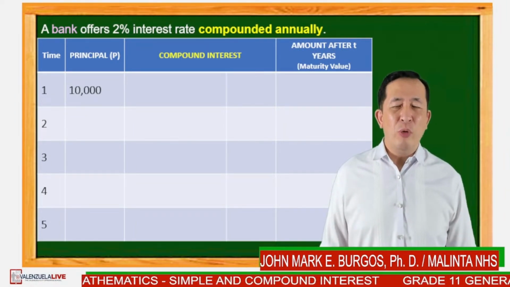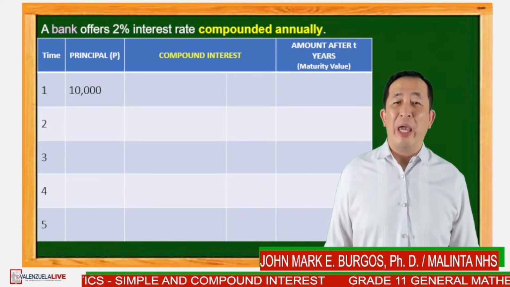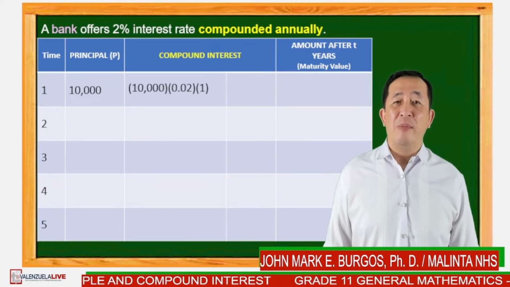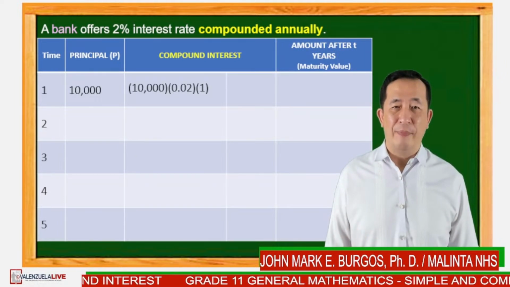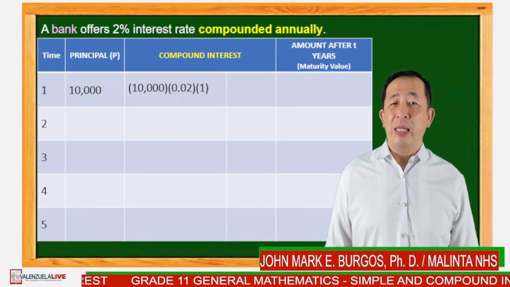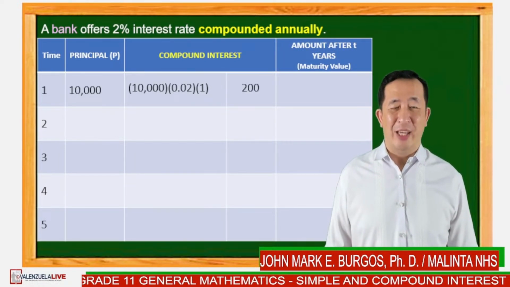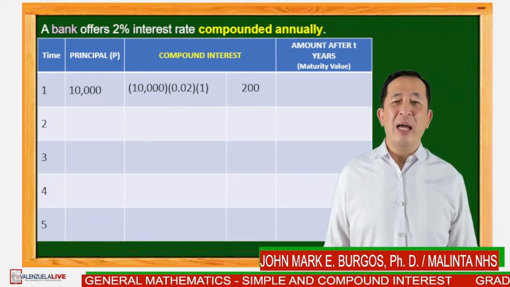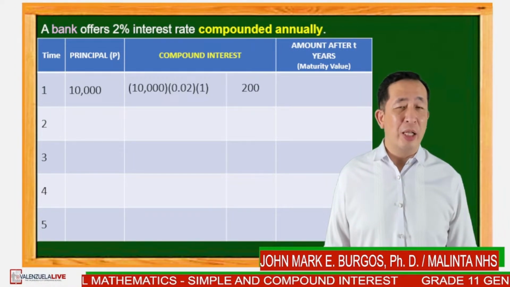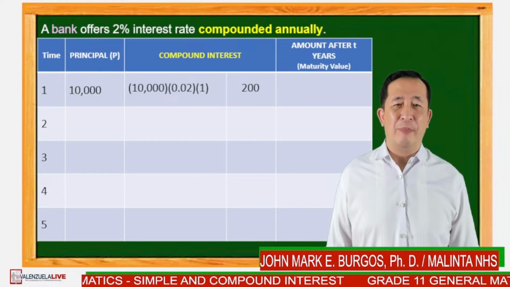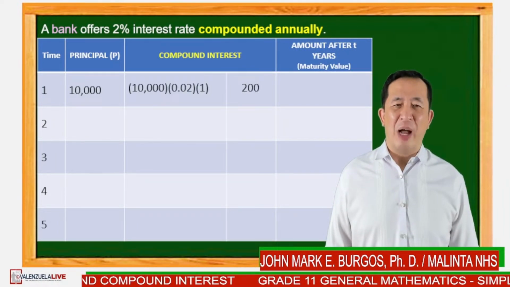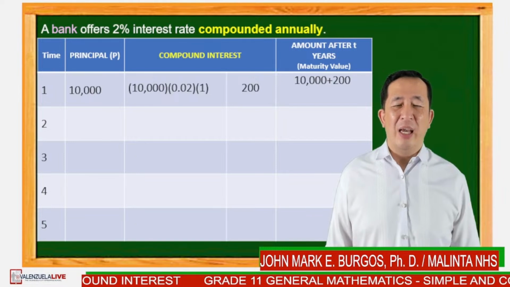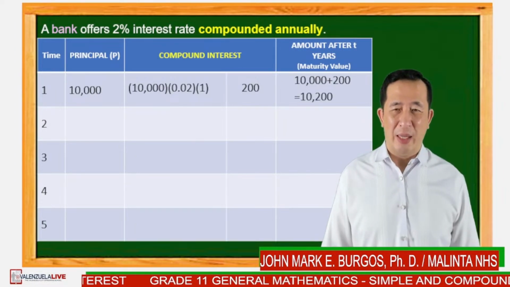To compute with the compound interest, we have 10,000 times 0.02 or 2% times 1. And the compound interest will be 200 pesos. Add the computed compound interest to the principal, we have the maturity value of 10,000 plus 200 is equal to 10,200.